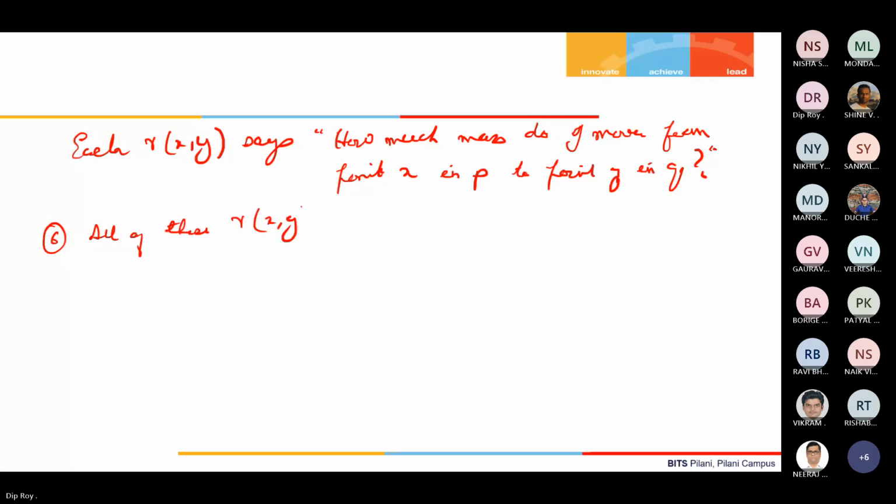All of these x and y combined together will be one row. And this row, the specific name of this, is called the transport plan.